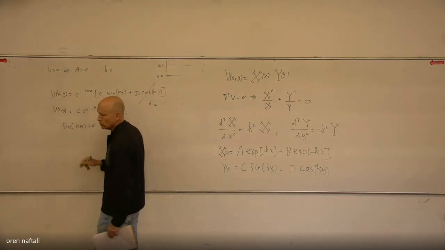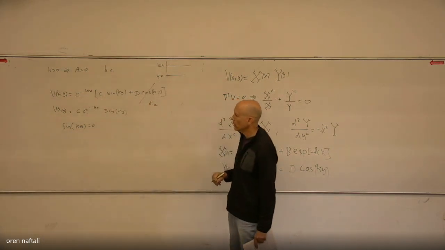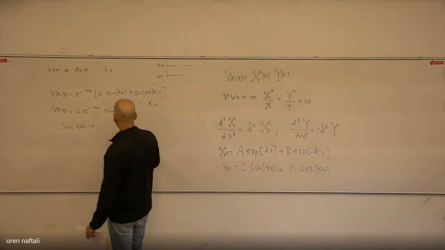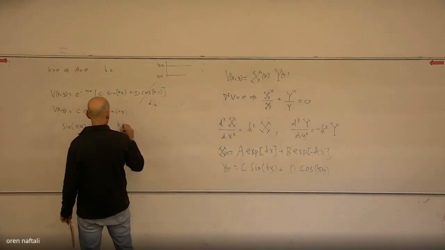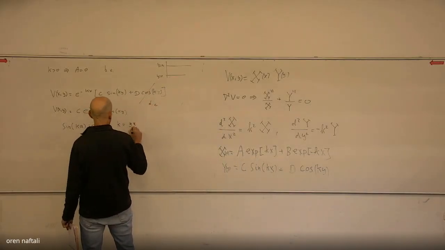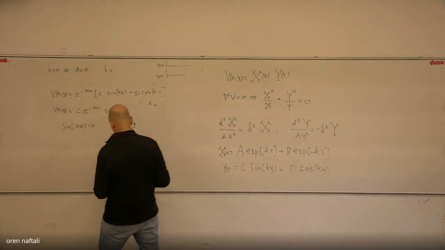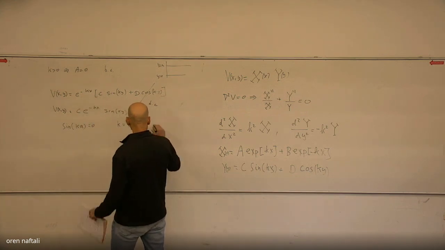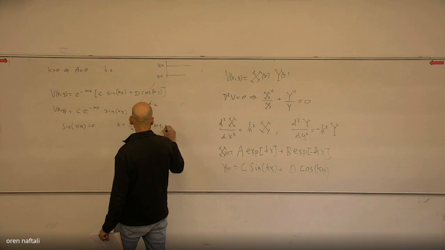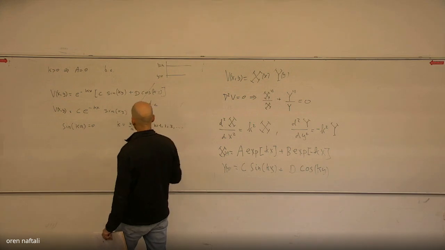And this gives you a condition on the k. The k is going to be equal to n pi divided by a, with n equal 1, 2, 3, in principle, etc.